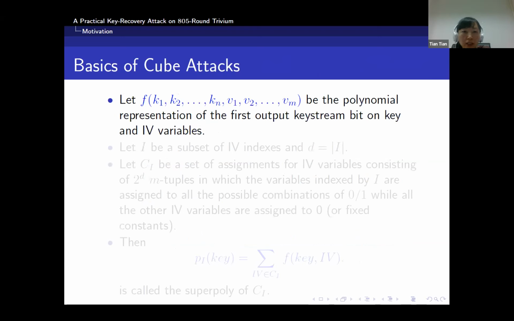In the cube attack against a stream cipher, the first output keystream bit is described by a polynomial in key variables and IV variables. Choose a subset I of IV indexes.